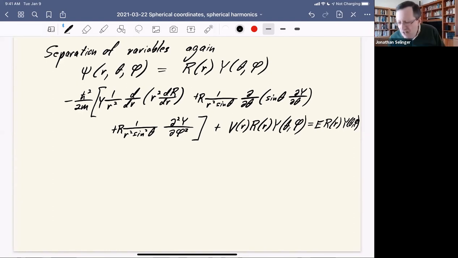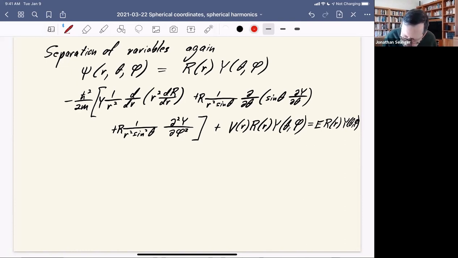Fine. Good. So now, the next step in the separation of variables technique is we want to divide every term by the product of capital R times capital Y. Okay, so let's do that maybe in red.